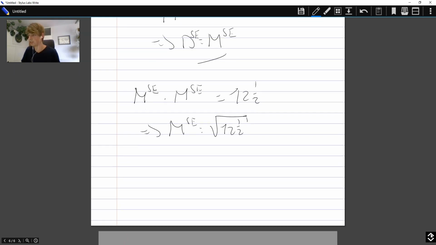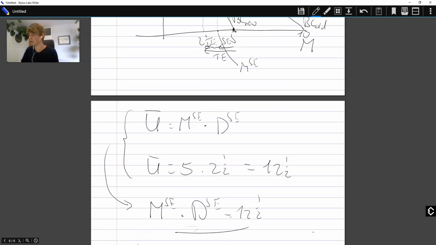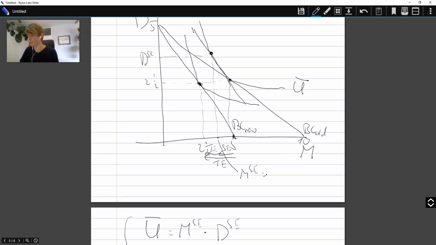Which means MSE equals the square root of 12.5, which is approximately 3.5. So looking at the graph, the substitution effect here is minus 1.5. We went from 5 to 3.5.